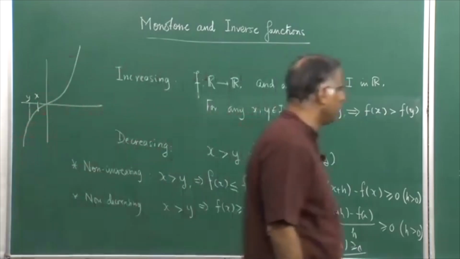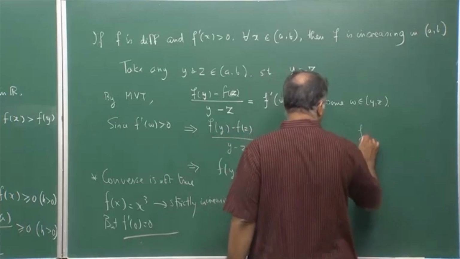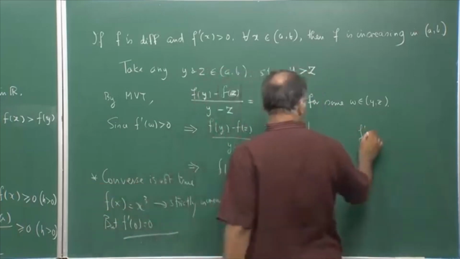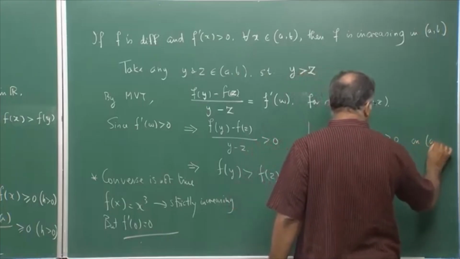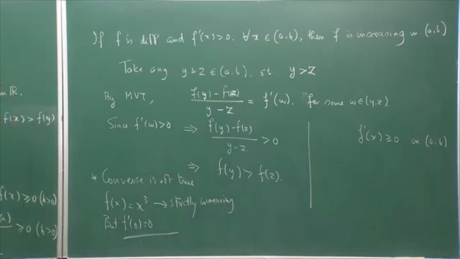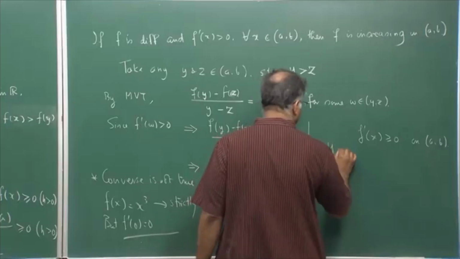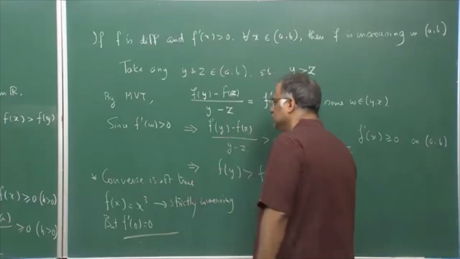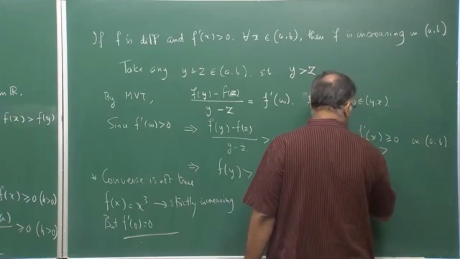Again the mean value theorem would be helping. Suppose on an interval a b I know that f dash x is greater than or equal to 0. Now you take any points y and z such that y is strictly bigger than z.